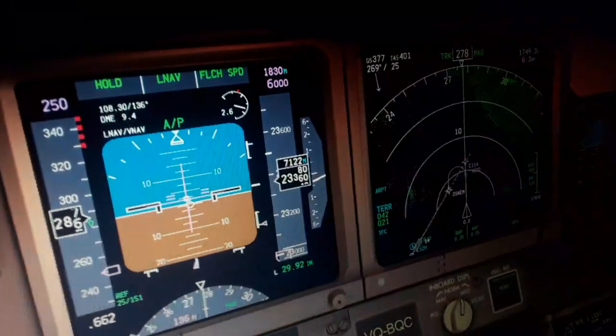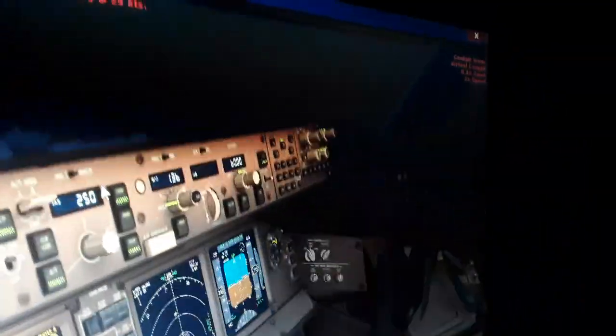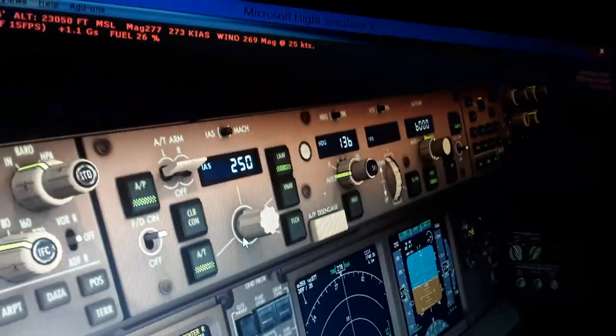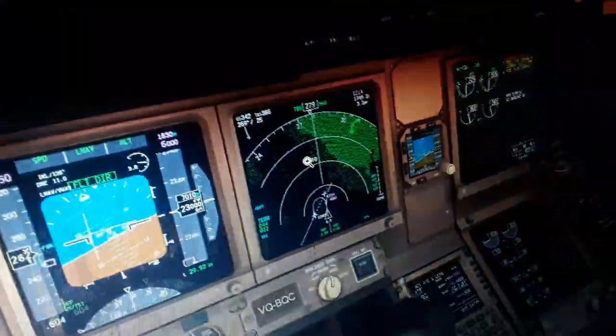Fly with 300 meters per second or about 900 kilometers an hour. Keep descending. Also use the speed brake and the altitude descent hold here, and disarm the autopilot like this.